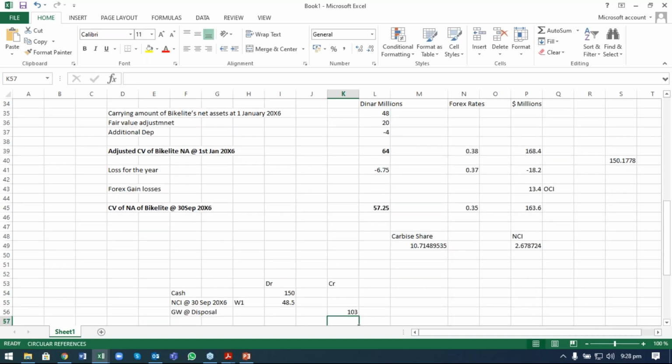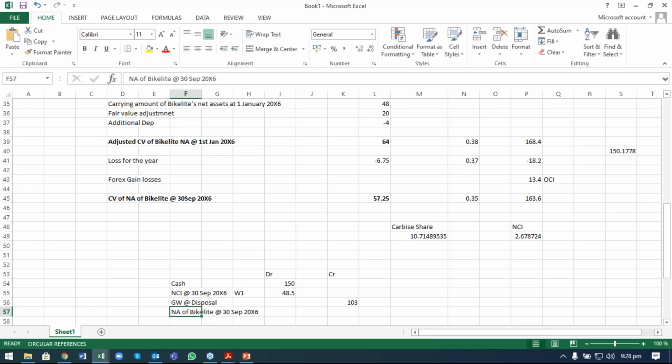And what about the rest of the things? Another entry that should be accounted for is goodwill at disposal date, then net assets of Backlight at disposal date, or I would mention 30th September 20X6.